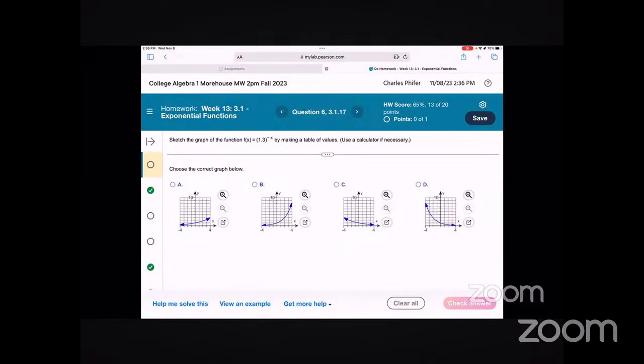I'm going to go with C. One, two, three, four, five, six, seven, eight, nine, 10, 1.3. And that was closer to 2. When I chose a few test points, it looks like C is closer. I just chose a couple of values of x and found the corresponding y. I'm going to go with this one.